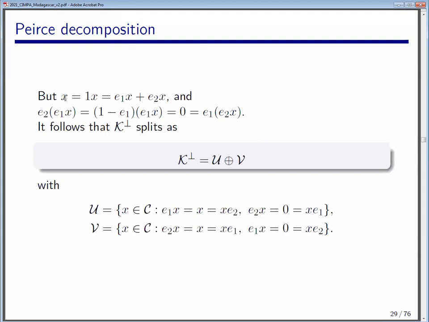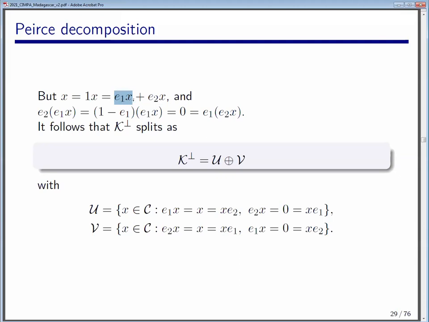And now if you take an element which is orthogonal to K, well, I apply 1. And now you look at what happens with these elements. The first element multiplied by E1 on the left, well, since E1 is an idempotent, leaves the element invariant, while the second is invariant under left multiplication by E2.